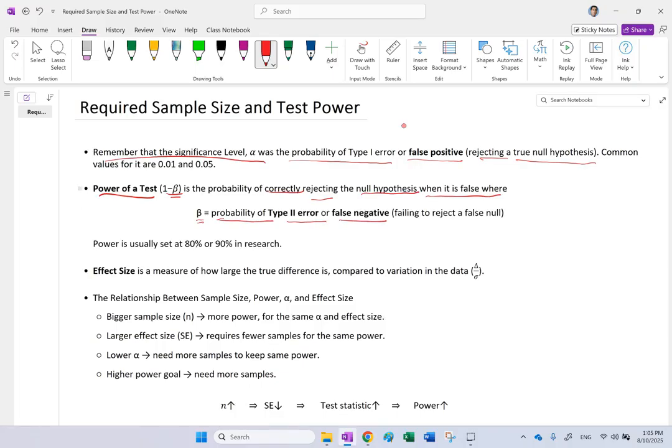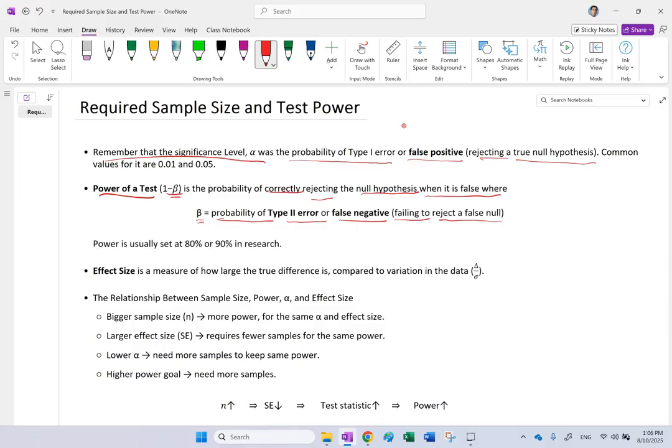What is this? This time the null hypothesis was false, but you didn't reject it, you accepted it. So you see, type 2 error is exactly the opposite of type 1 error. Type 1 error: it was true, you rejected it. Type 2 error: it was false, you didn't reject it, you accepted it. So beta is the chance of that.